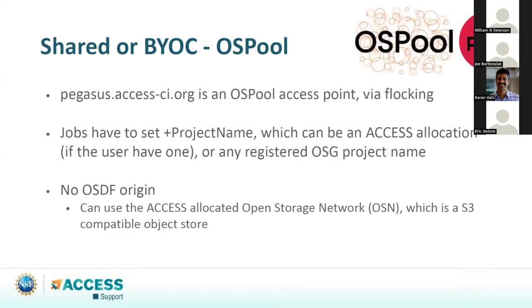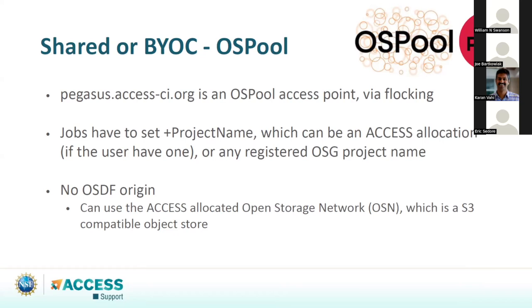Right. And then lastly, the OSPool, which could be shared or bring your own capacity, because in the OSPool, most of the time we think about this as a shared pool. You can also get an access allocation on the OSPool. It doesn't really matter. Jobs are run the same way, but it's something that we do support.